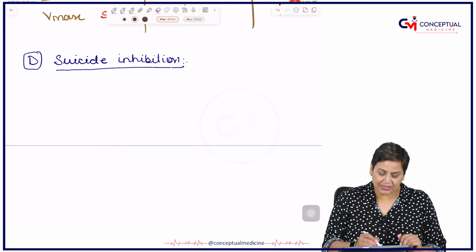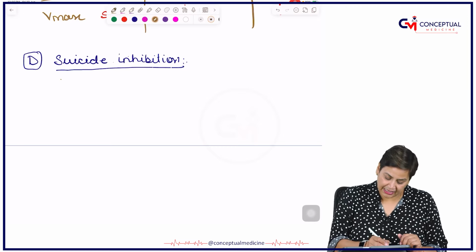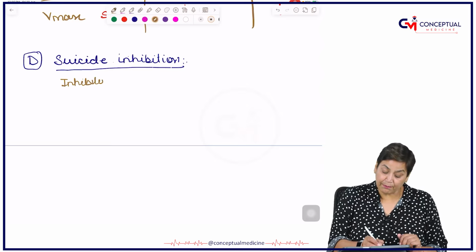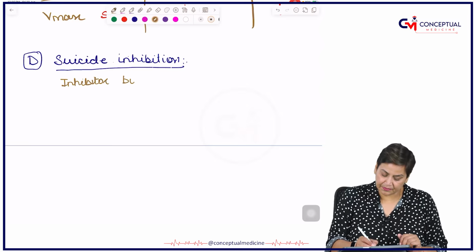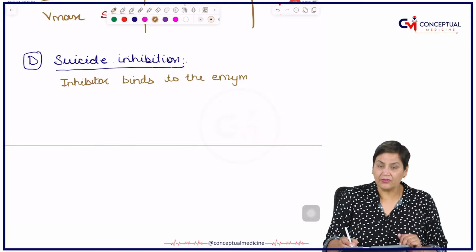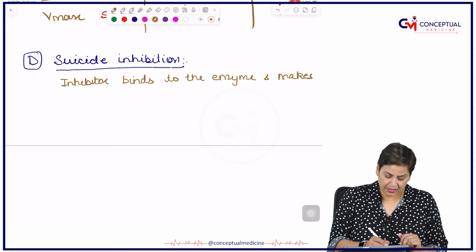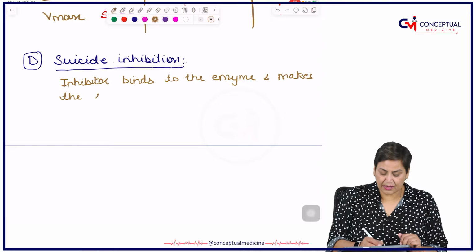So, what happens in suicide inhibition? I'll just write the definition. The inhibitor binds to the enzyme and makes the substrate less potent.